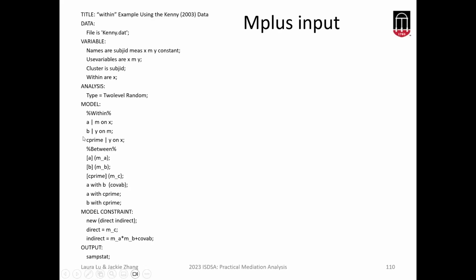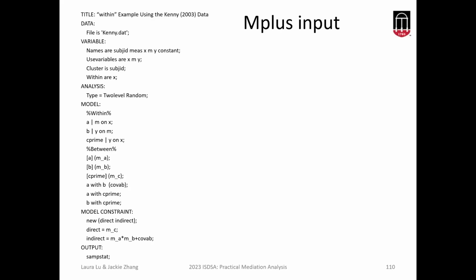And then inside the within part, we define three random coefficients. One is A, one is B, one is C prime. All of these are random slopes, random effects.